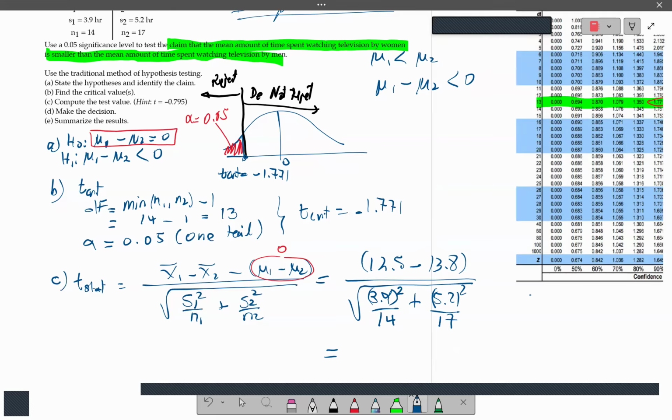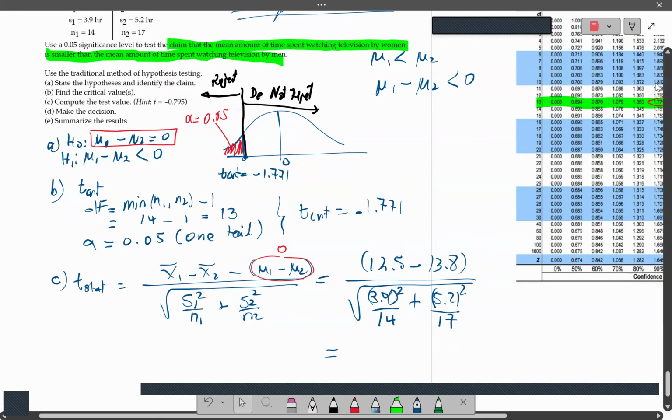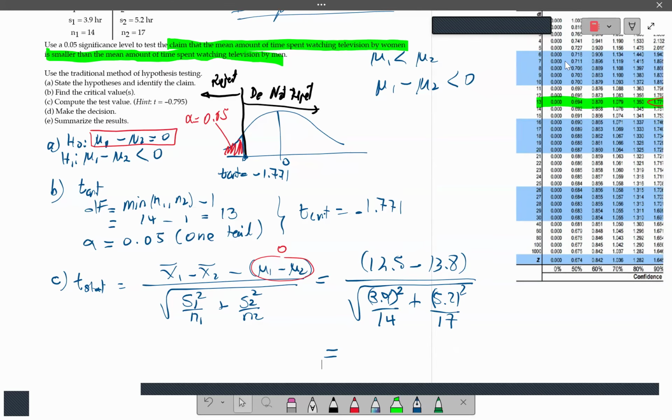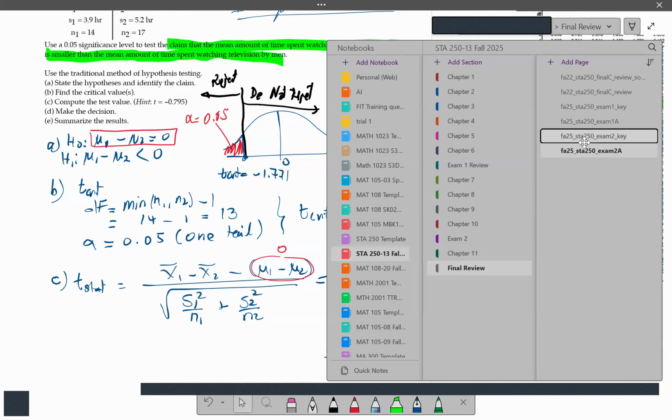And you just have to plug it into the calculator. Is anybody doing this? All right, so let's go to the solution and get the number from there.